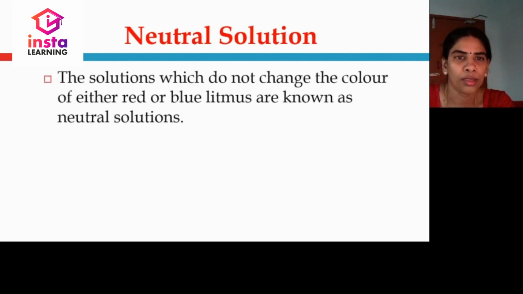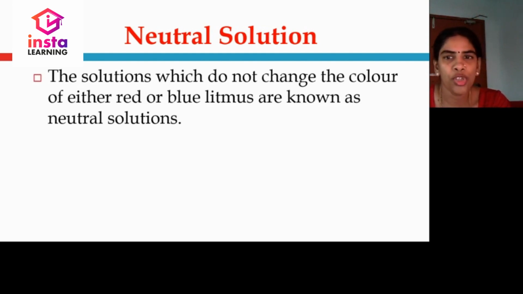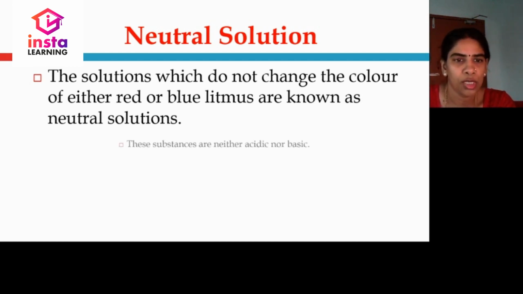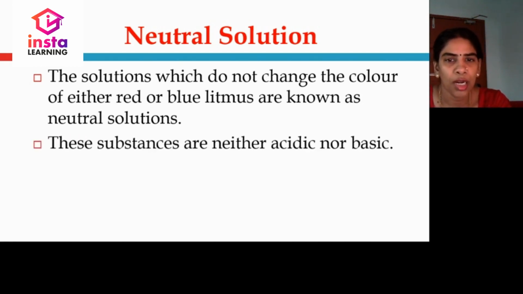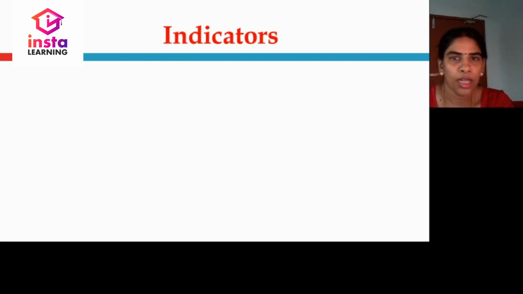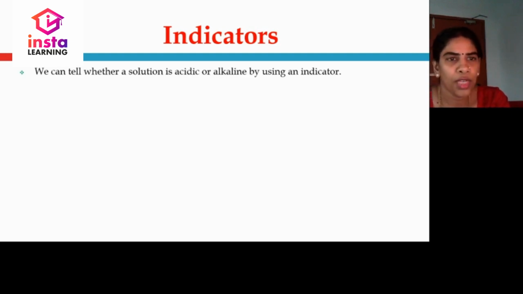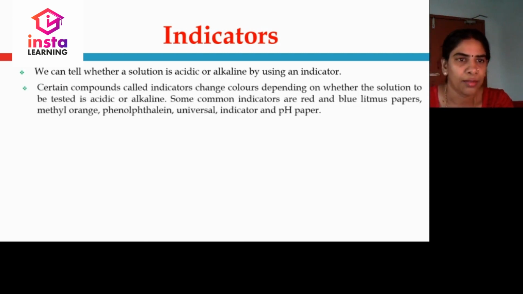Neutral solution: the solutions which do not change the color of either blue or red litmus are called neutral solutions. These substances are neither acidic nor basic. Let us now discuss indicators. We can tell whether a solution is acidic or alkaline, that is basic, by using an indicator.